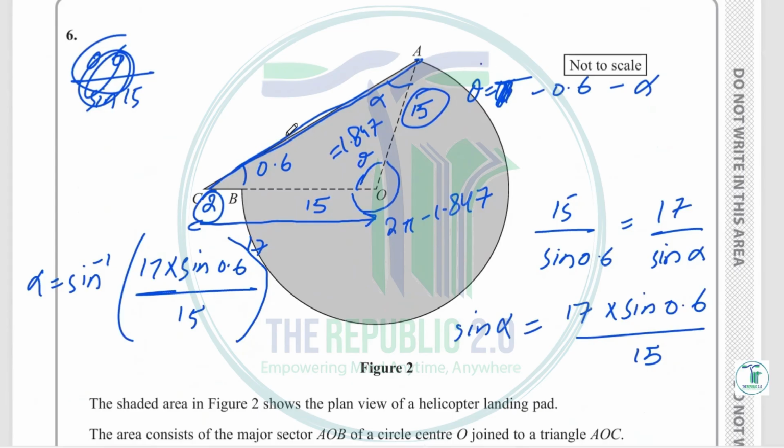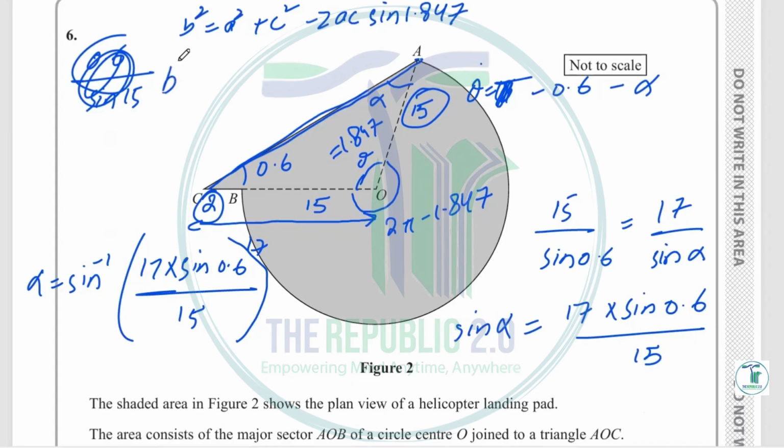And that AC, you can simply use the cosine rule over here. B squared is equal to A squared plus C squared minus 2AC times the cosine of the opposite angle 1.847, right? So we just need to plug their values in, right?